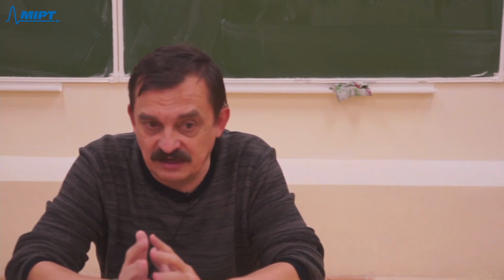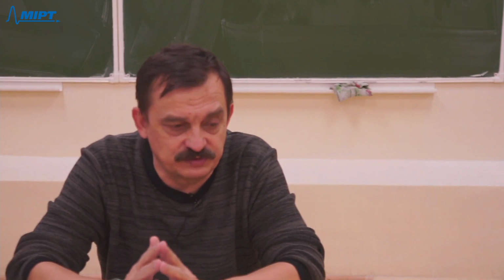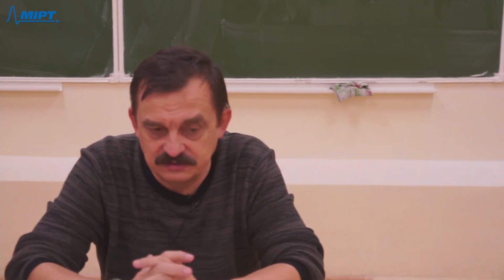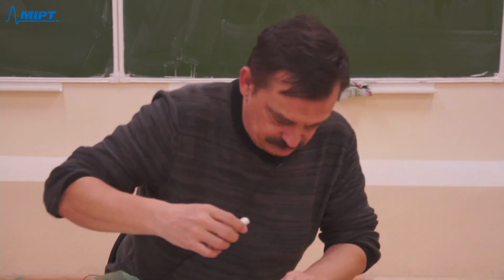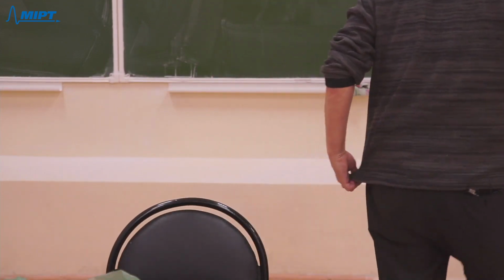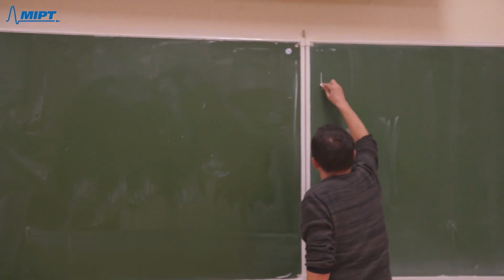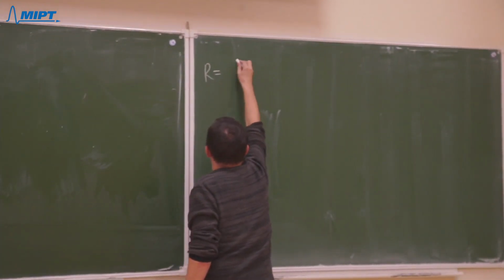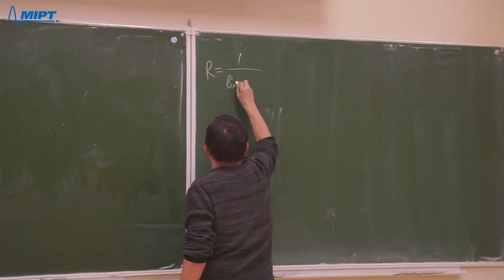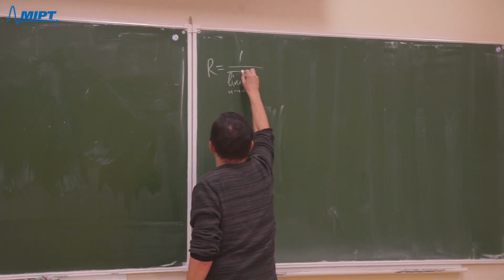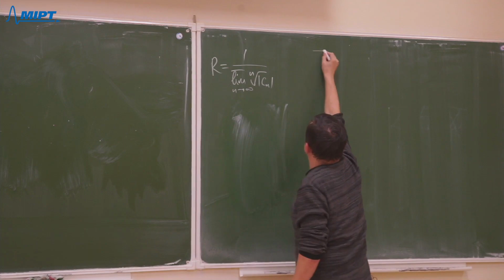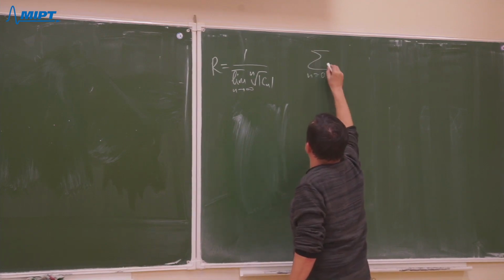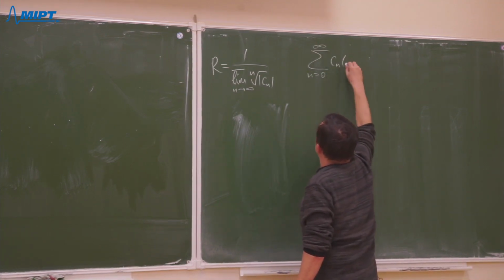In fact, there are two possible ways to define radius of convergence. So let me recall that, so we have the following formula, right? Where we consider such a power series, right?